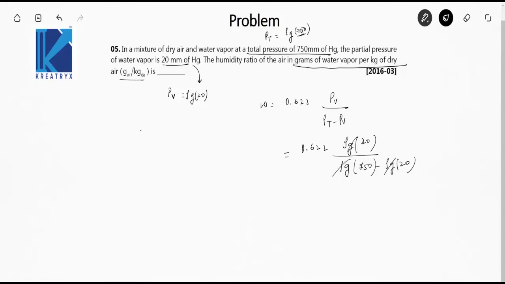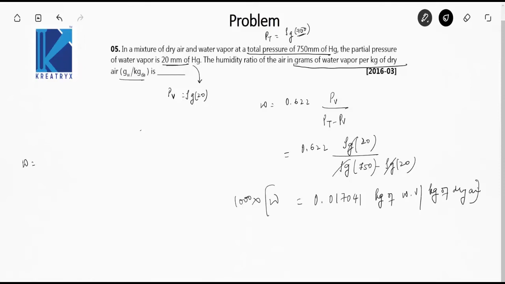This value comes out to be equal to 0.017041 kilogram of water vapor per kilogram of dry air. And you have to write the answer in grams of water vapor per kilogram of dry air, so multiply this by 1000.